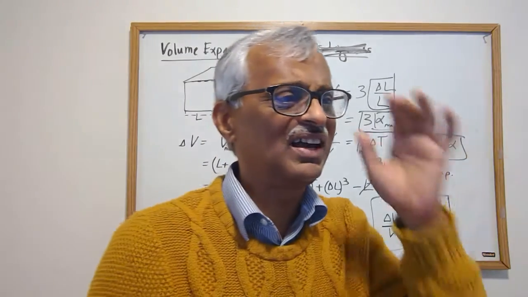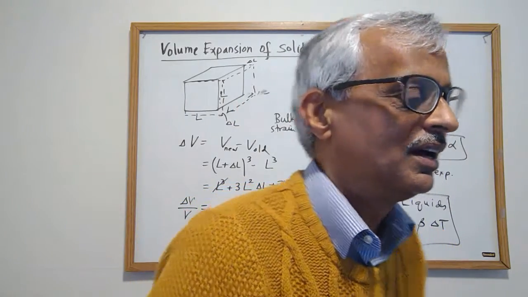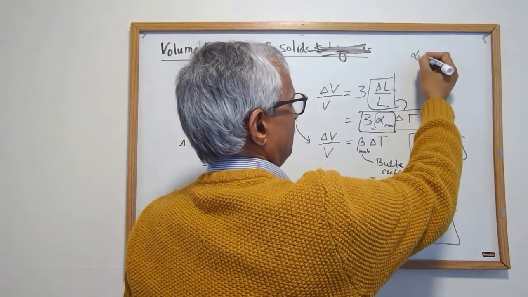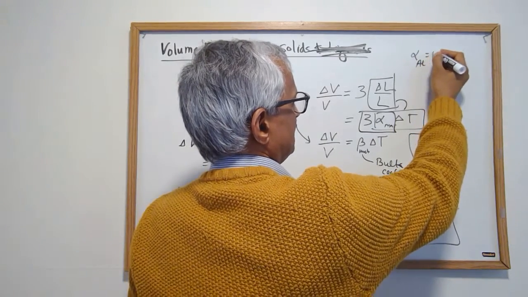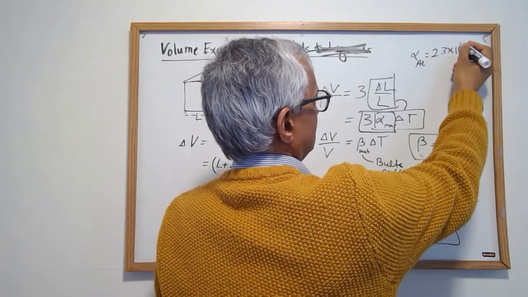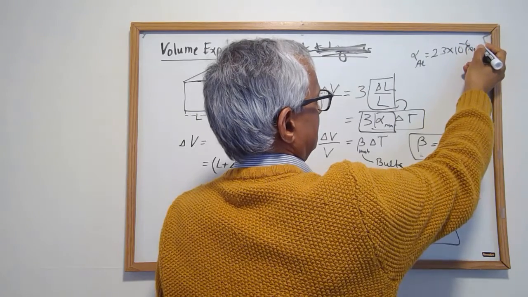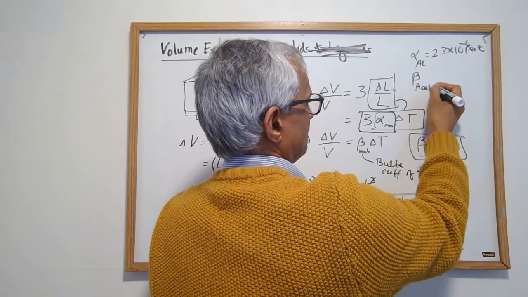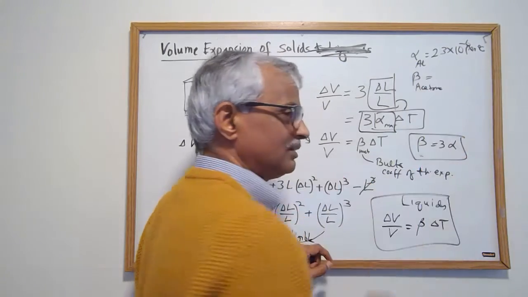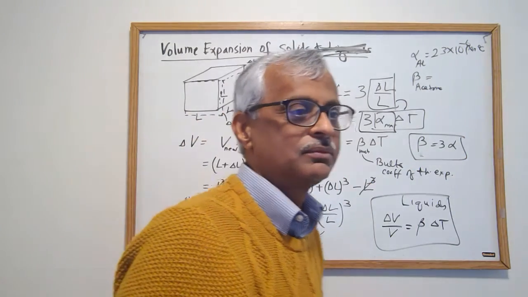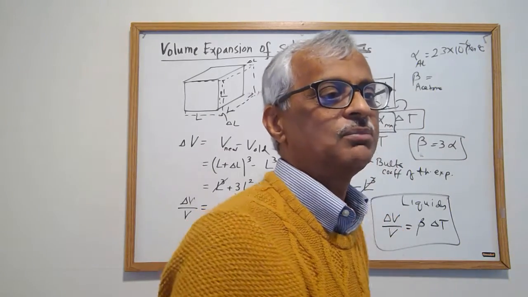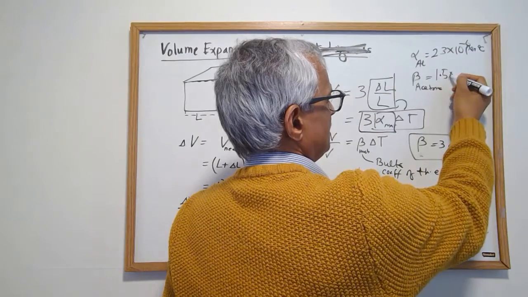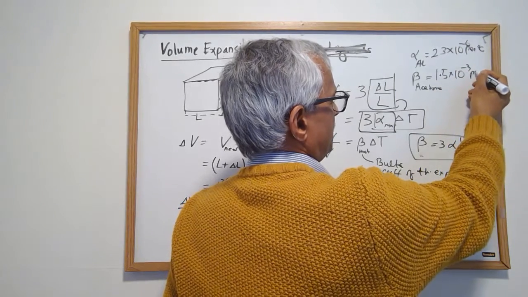For instance, if I had acetone, alpha for say aluminum was 23 times 10 to the minus 6 per degree Celsius. Beta for acetone is considerably larger, by the way, and it's like 1.5 times 10 to the minus 3 per degree Celsius.